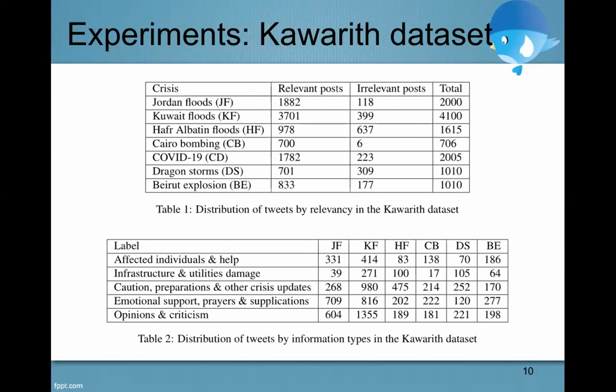The other question is, is the task to predict whether the tweet is related to a crisis or not, or do you want to predict the label here, whether the tweet is about affected individuals or caution or emotional support? What's the task? Is it binary classification, or do you need to predict the fine-grained label?